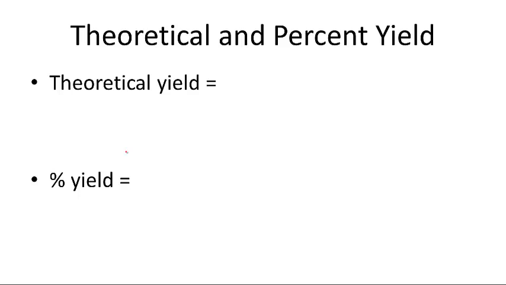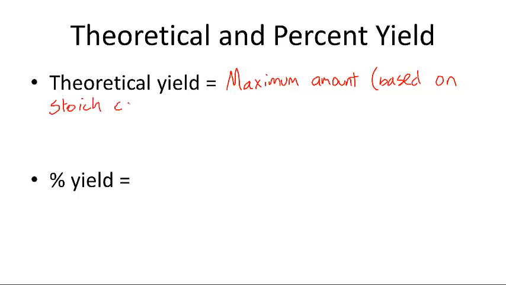All right. So theoretical yield is the maximum amount based on stoichiometric calculations that can be made from the reactants.